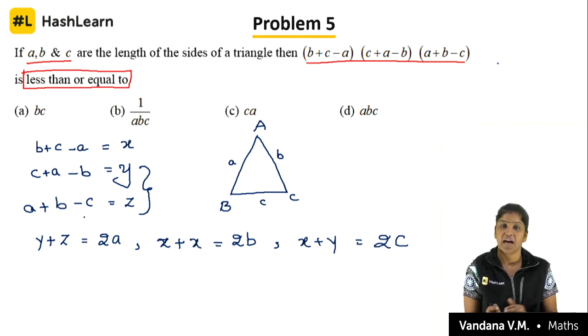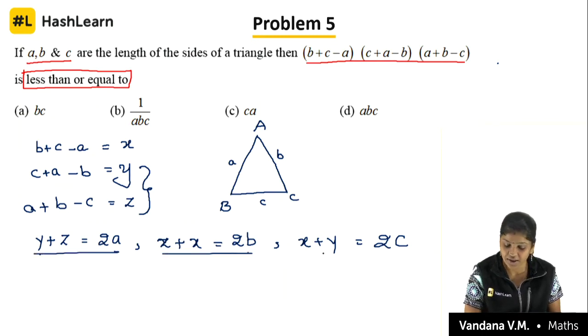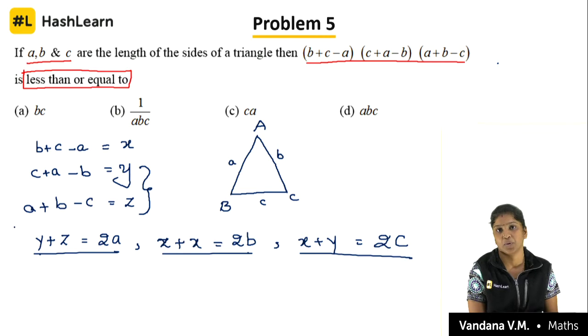But only after arithmetic and geometric progression can you understand this problem. So if you are not understanding this problem, please neglect this. After completing arithmetic progression and geometric progression, get back to this video and have a look.